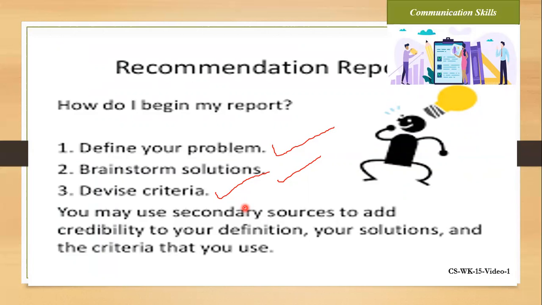You have to sit together and find out the solution regarding anything. Then devise the criteria. Then on the basis of the set of standards and criteria, you have to find out the best solution. You may use secondary sources to add credibility to your definition, your solutions and the criteria that you used.